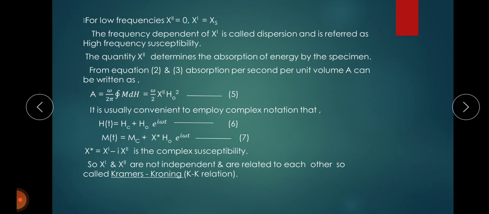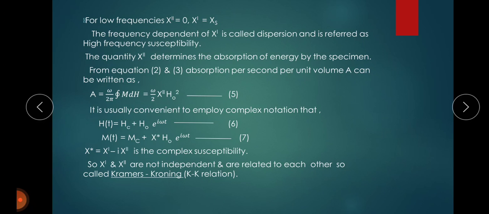Next, in the case of equation 3 we have m of t equal to mc plus m0 into cos(ωt minus φ). So the magnetization in terms of t by using complex notation can be written as m of t equal to mc plus χ* into h0 e to the power of iωt.